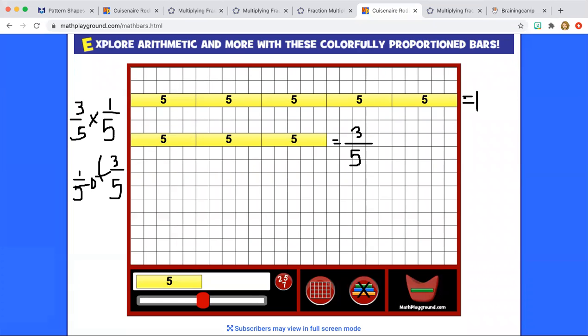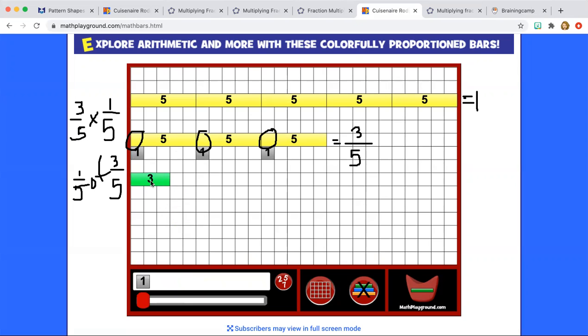Oopsie, my annotate went away. 1/5, 1/5, 1/5. And so now we see we have 1/5 here, 1/5 here, 1/5 here. 1, 1, 1. So what are these? 1, 1, 1 is length 3.